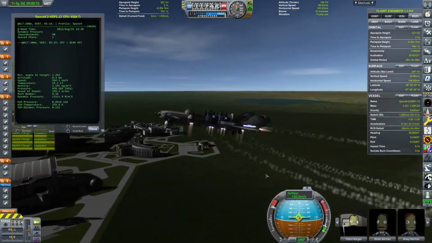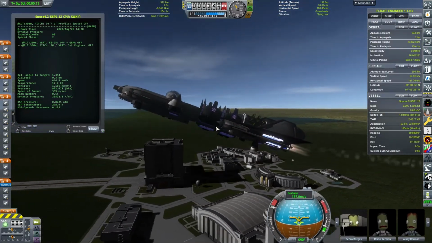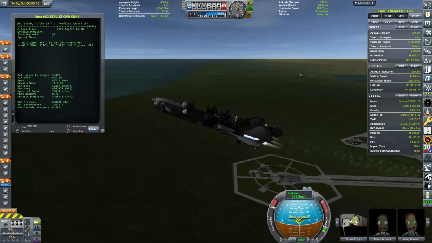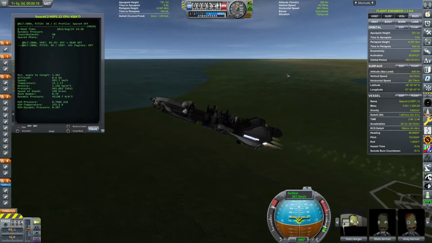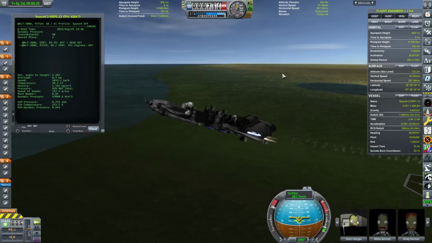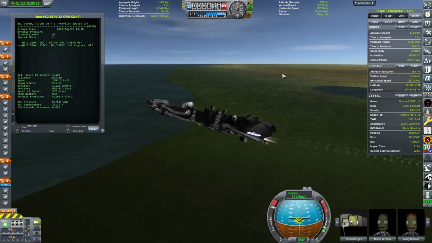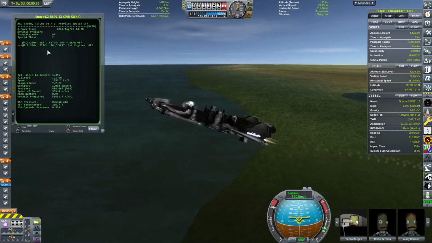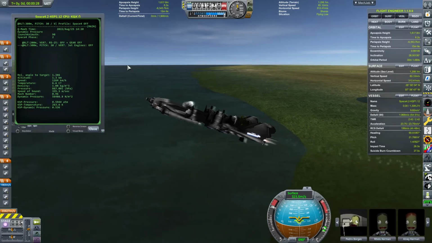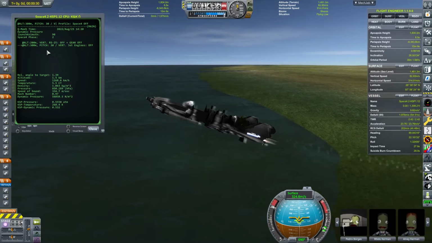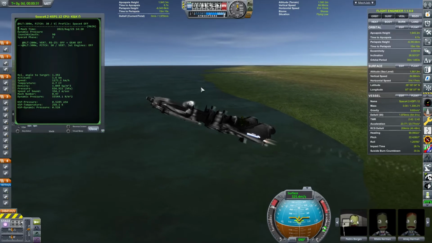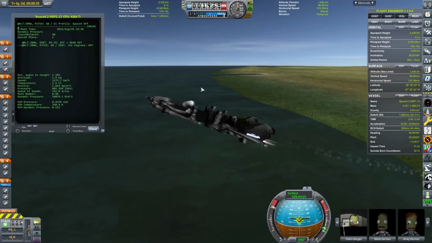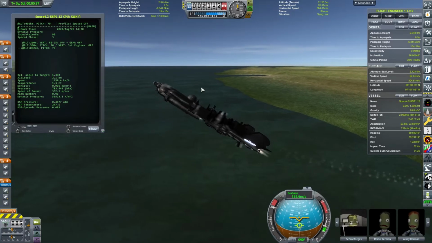So right now, gear is up. Our vertical engines are off, and we are just flying now as a regular airplane, let's say. At this phase, we are pitching, or we are trying to pitch to 30 degrees, but we are having a lot of drag, so this will be relatively slow.